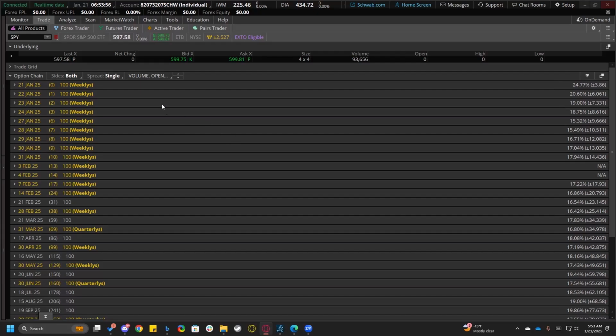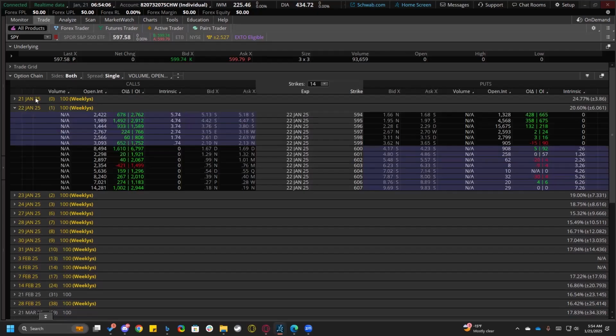Still, if you wanted to calculate this on your own, there is a formula for it. So you don't have to go to those websites if you don't want to. You would choose your expiration, and then first, for each strike, you would look at the stock price and you would look at the difference between that and the strike. So we've got 590, if we want to round up, 598.